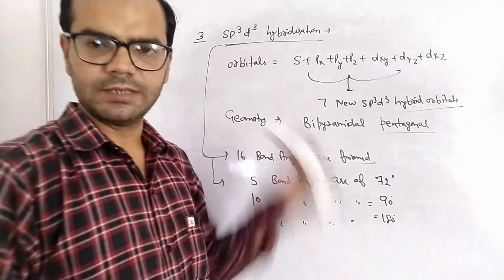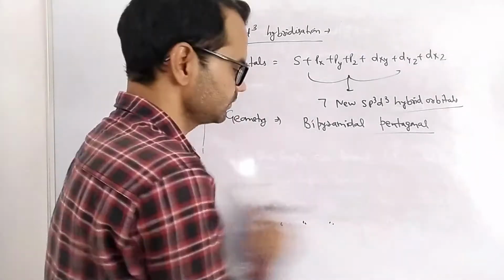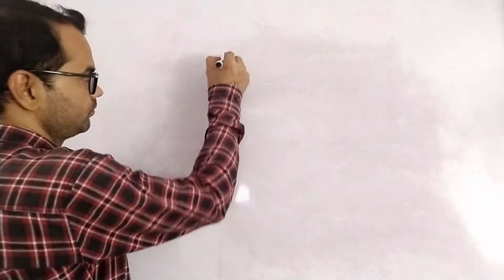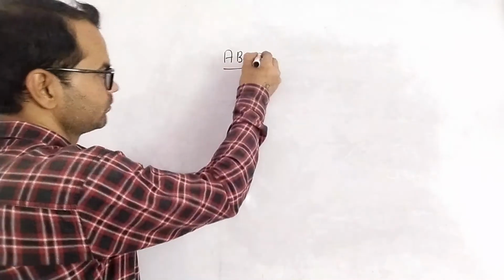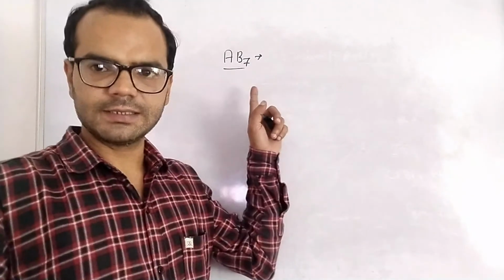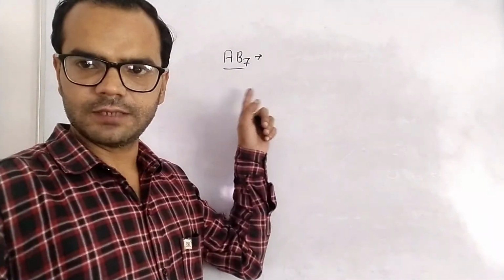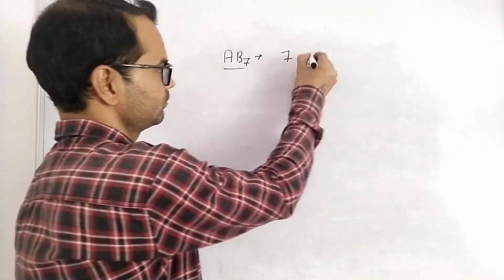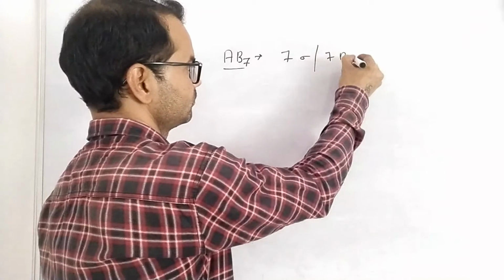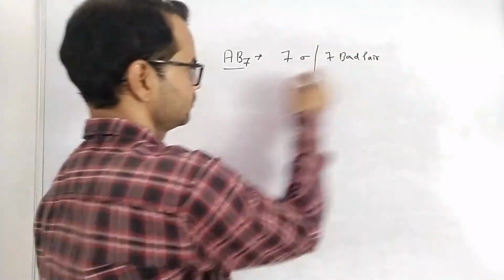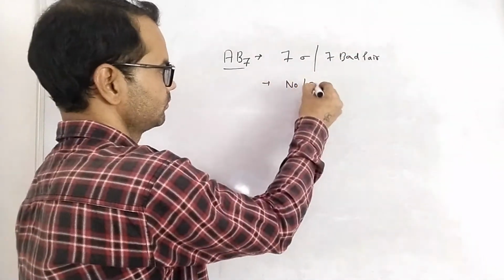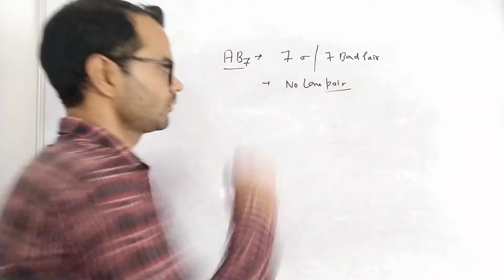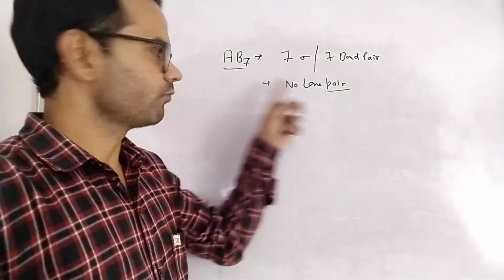Now what are the possible cases? First possible case is AB7. 7 sigma bonds are formed and there is no lone pair.